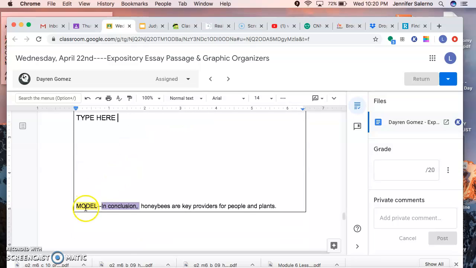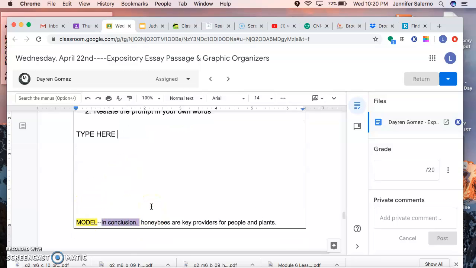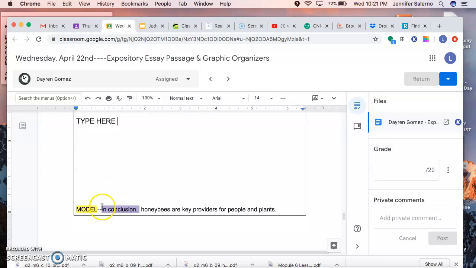For example, for our honeybees essay that we were writing in class, we were talking about how important honeybees were, and we had to come up with reasons they were important, right? So for my conclusion for that one, I said in conclusion, honeybees are key providers for people and plants. I'm showing that they are very important to people and plants.